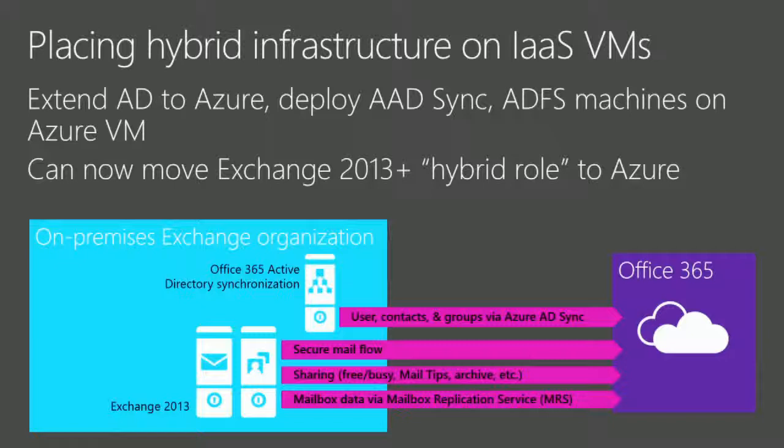Now, let's assume I'm not necessarily talking about having mailboxes in Azure or an IaaS provider here, right? I'm talking about having the Exchange hybrid role. There isn't really a hybrid role, but that Exchange server, typically a multi-role server, that's licensed as a hybrid server, in other words, it's free, that's managing that secure mail flow.